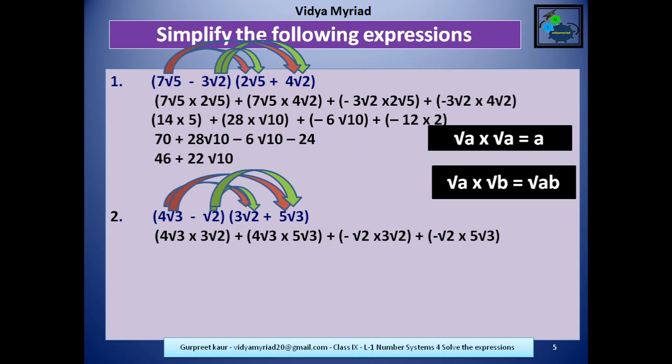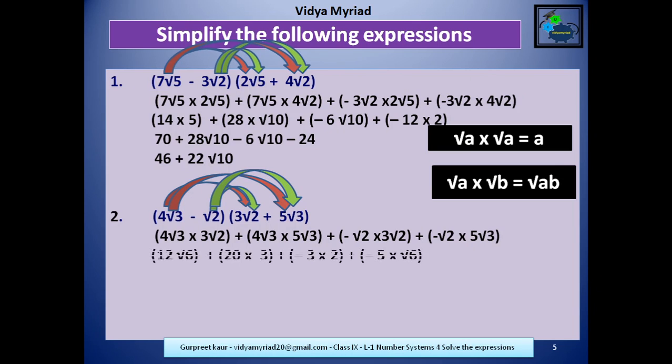It will become 4 root 3 into 3 root 2 plus 4 root 3 into 5 root 3 plus, I have taken common, so minus inside the bracket root 2 into 3 root 2 plus inside minus root 2 into 5 root 3.